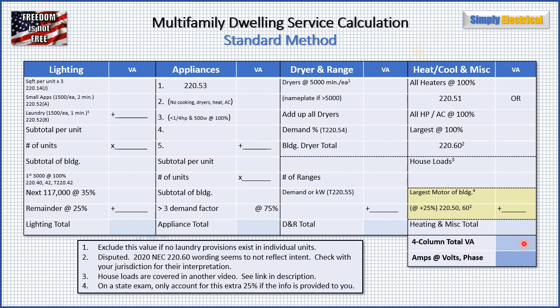That gives you your total VA for the building. And then once you have that, you can divide by your volts and whatever phase it is, and you come up with your amps for your whole service. I do have some notes down here listed for the table, but I will just discuss those notes as we come to the specific instances along the way.